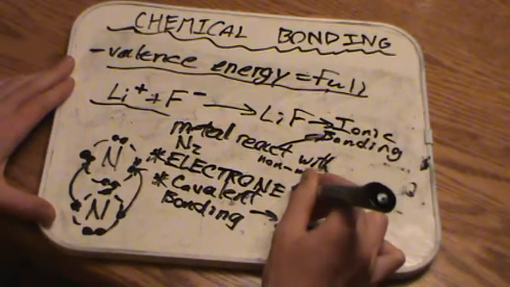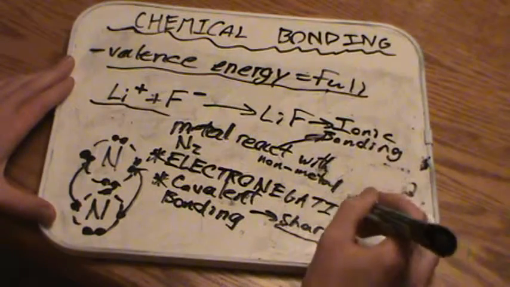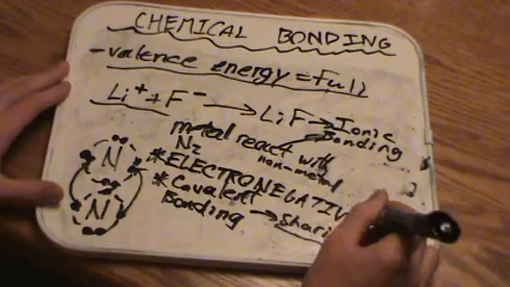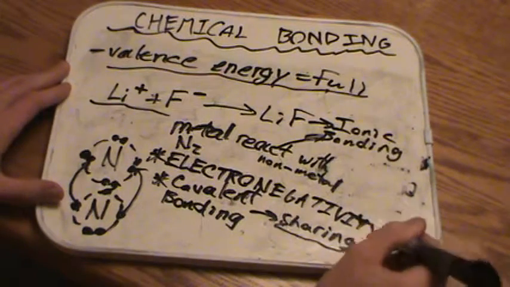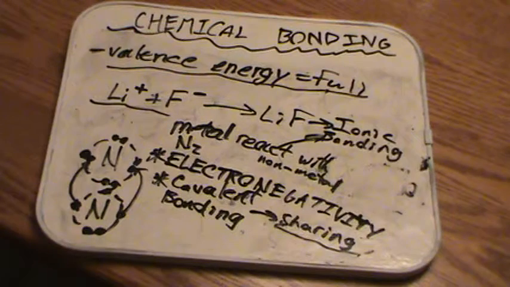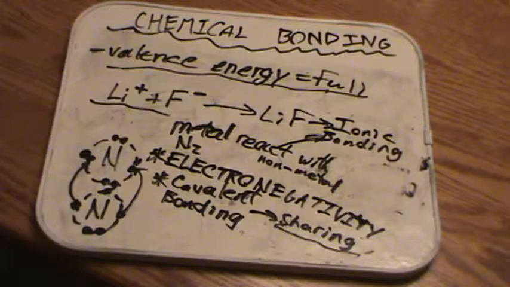Electronegativity. And the rigorous definition, which we will talk about in the next video when we talk about atomic properties, is the tendency of an atom to attract bonding pairs of electrons, which means that it is the idea that here, if both nitrogens want the electrons the same amount, neither will pull the electrons away from the other.